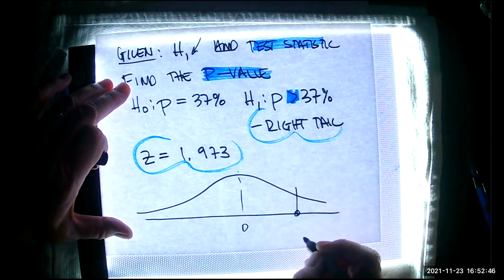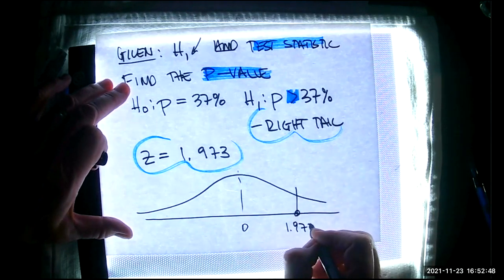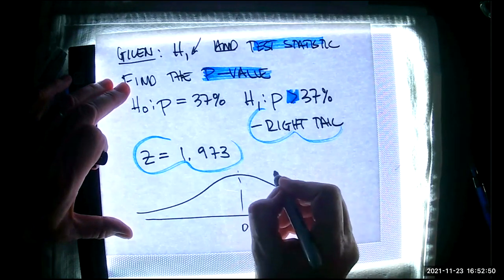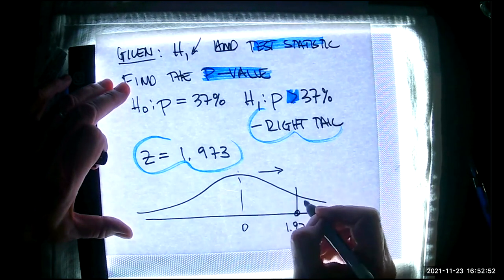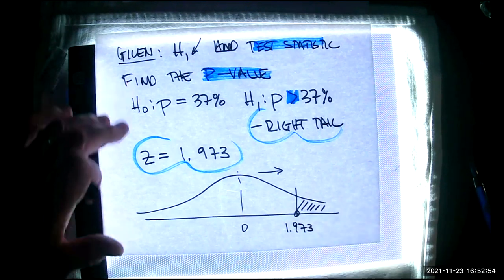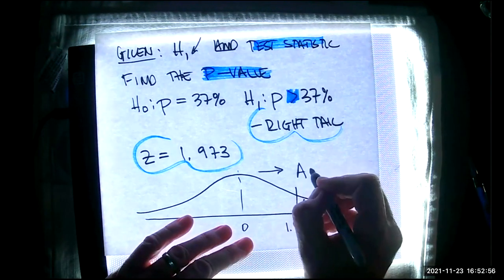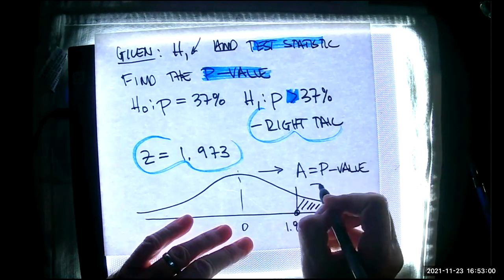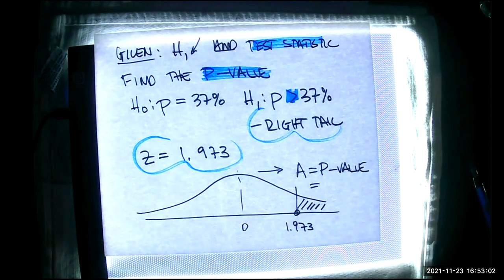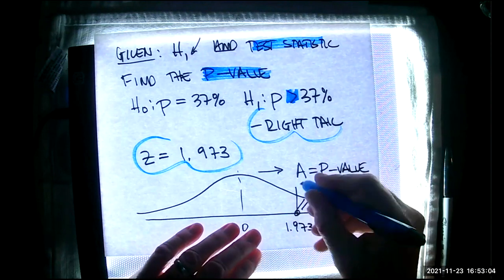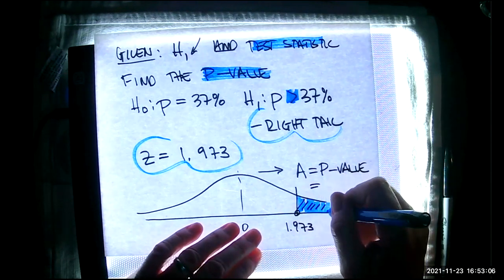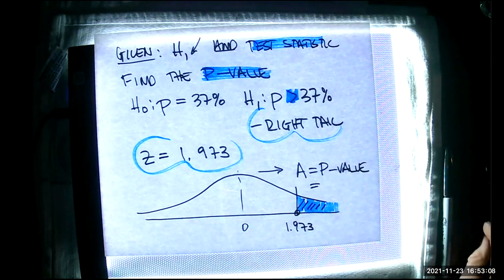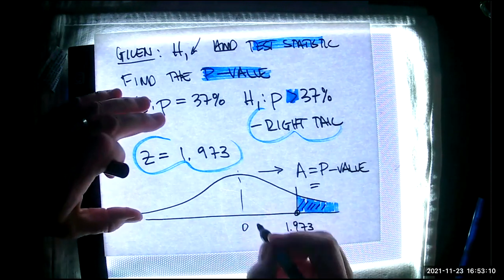Here's my test statistic, 1.973. It is a right tail test, so I am interested in that area there. That area is the p-value, and in this case, that area is equal to something. What tool do we use to find that area?